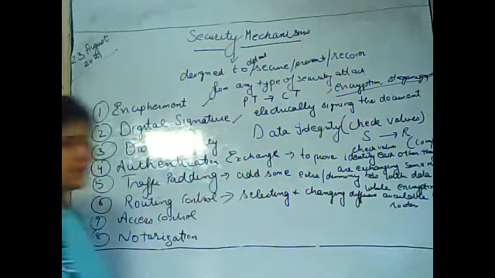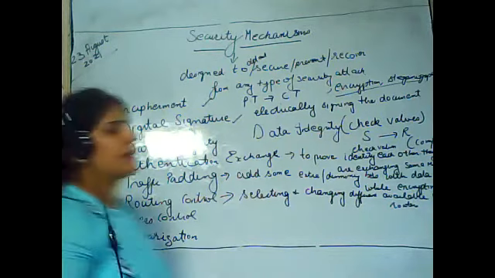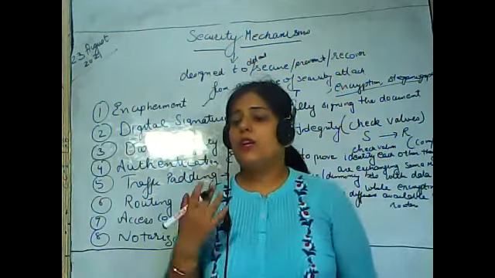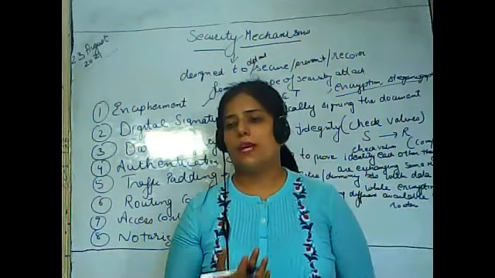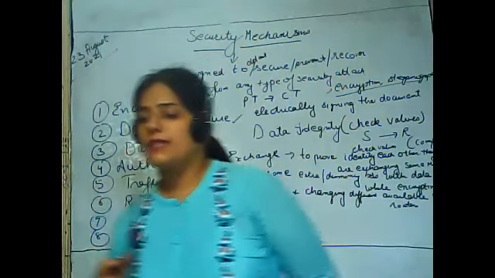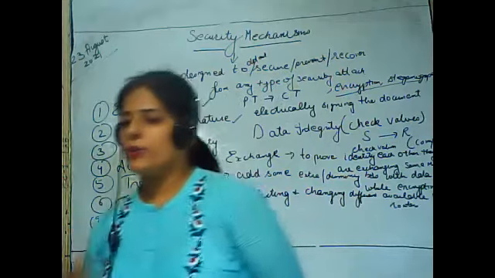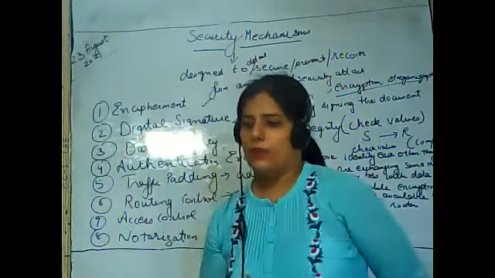Next is access control. The next mechanism is access control. These methods prove that the user has access right to that particular data. We can use this type of security mechanism where we set access permissions that allow only that particular user to access that particular data.